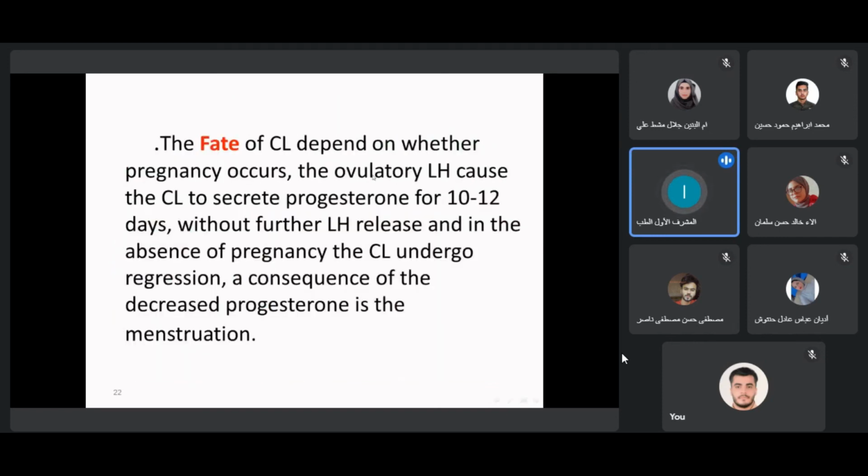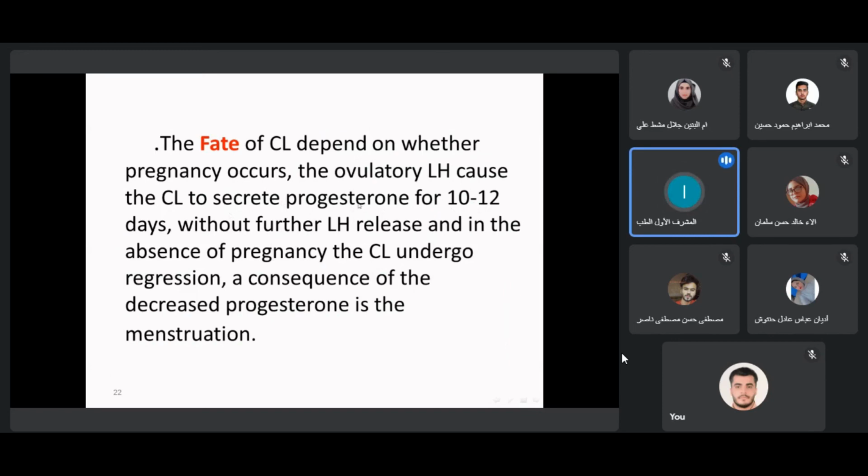The fate of the developing corpus luteum, or yellowish body, depends on whether pregnancy will happen or not. The ovulatory LH will cause the corpus luteum to secrete progesterone, which is predominant for up to 10 to 12 days, the second part of the cycle.